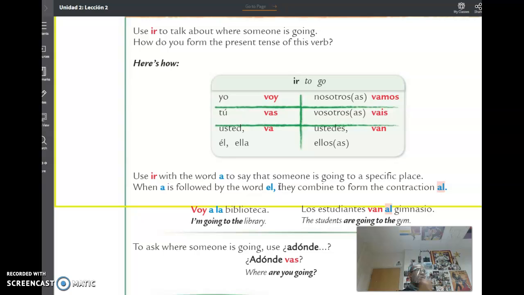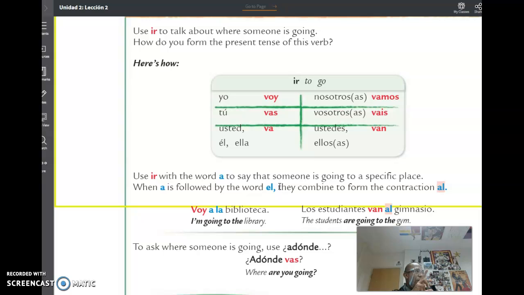For example, if I say, I am going to go, how many times do I use the verb to go in that sentence? I'm going to go to the library. I am is the verb to be. Going to go. How many verbs are there? Two, but in it there are three words, right?